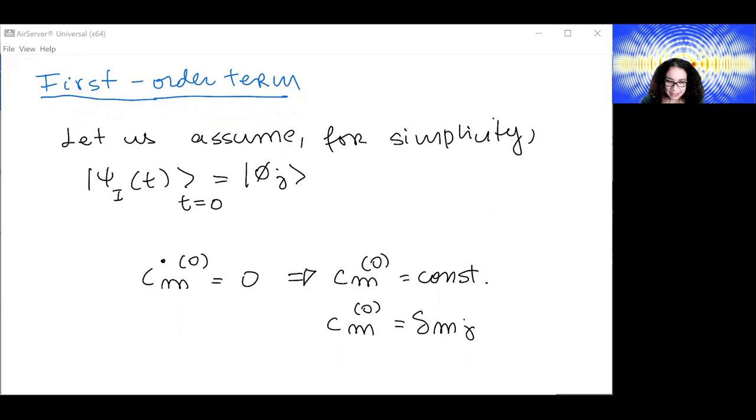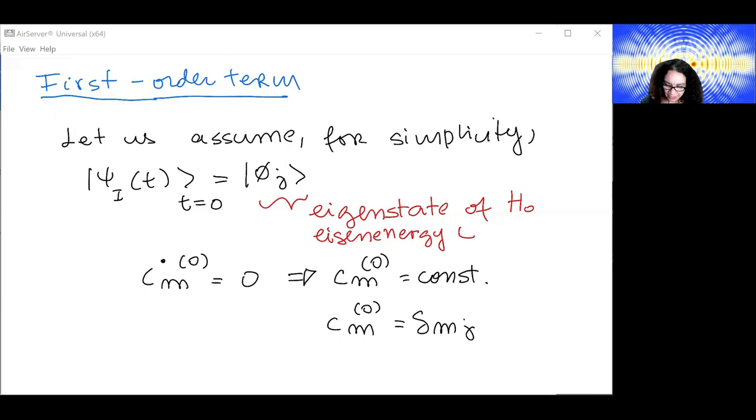And just to emphasize, this is an eigenstate of H naught, and the eigenenergy E j.